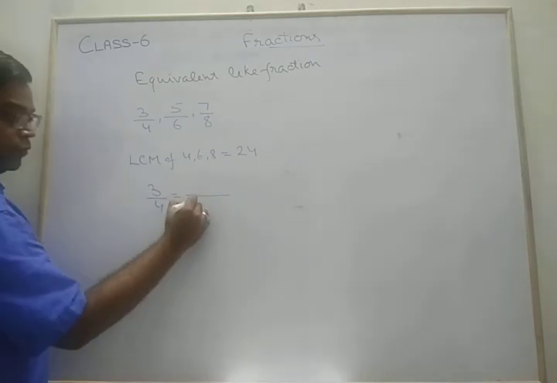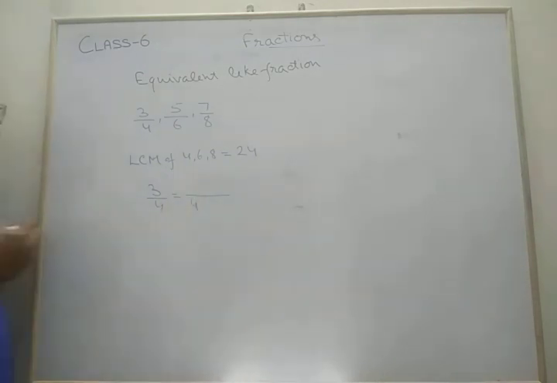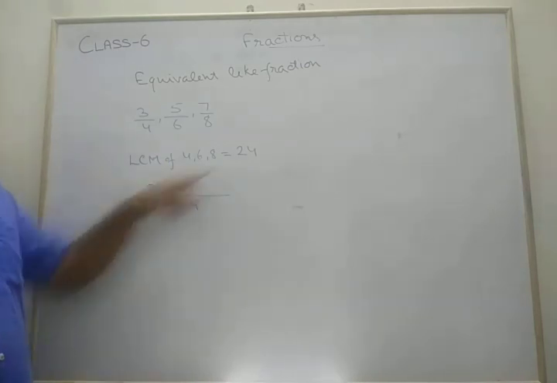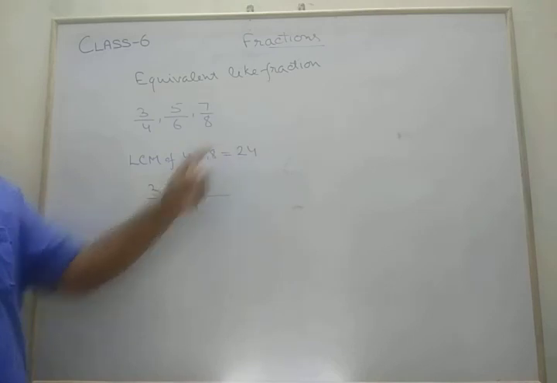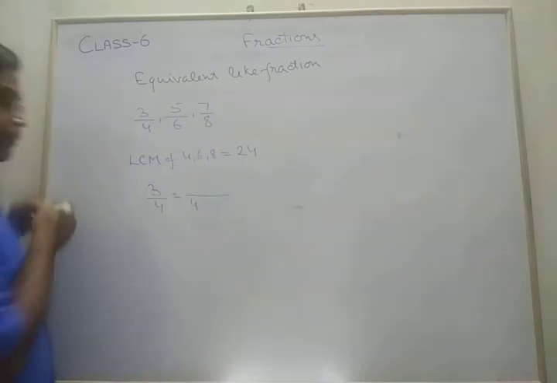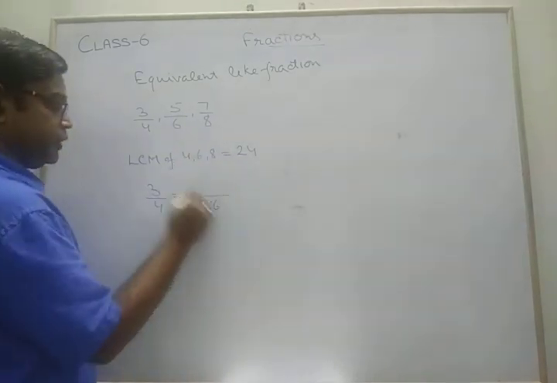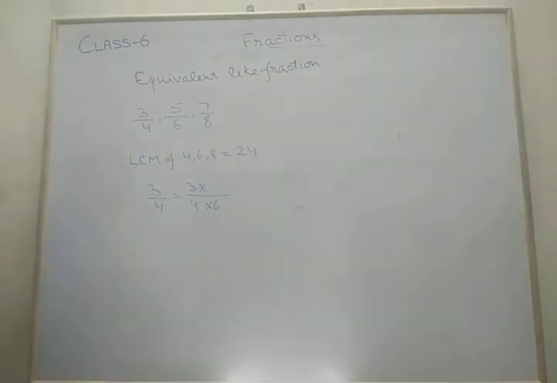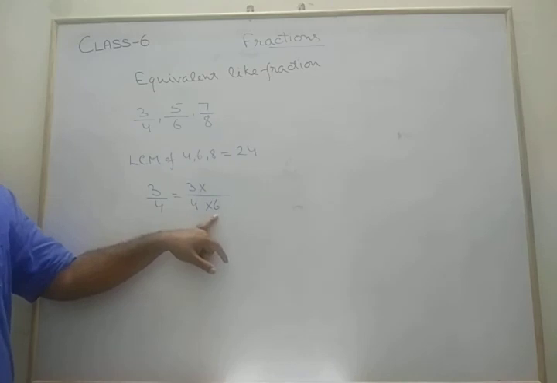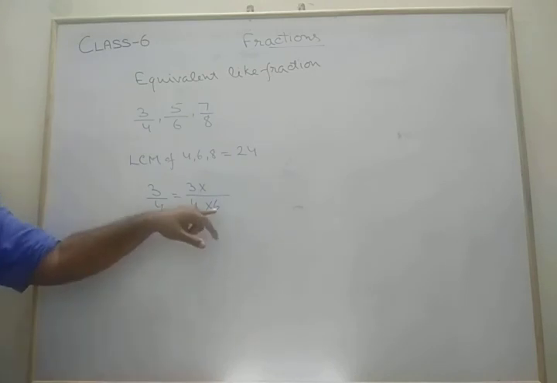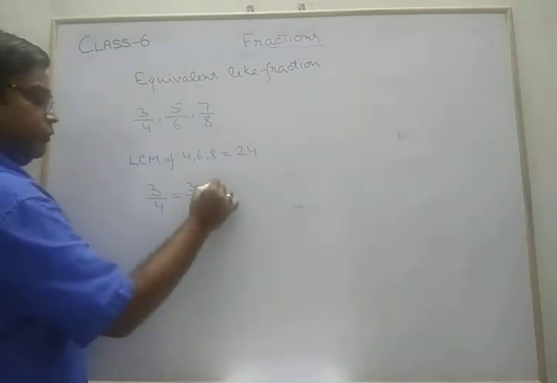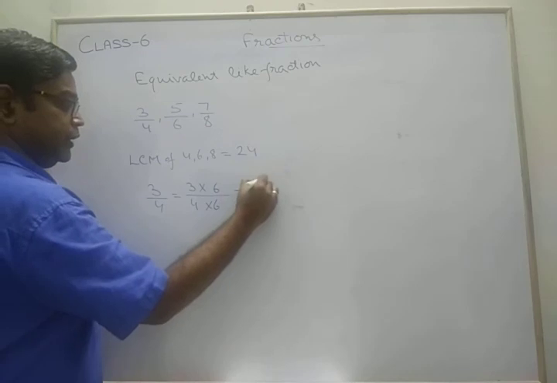What number do we multiply 4 by to get 24? 4 6s are 24. So 4 into 6. On the numerator we have 3. Since we multiplied by an extra digit, 6, to balance it we have to multiply the numerator by the same 6. So we have 18 upon 24.